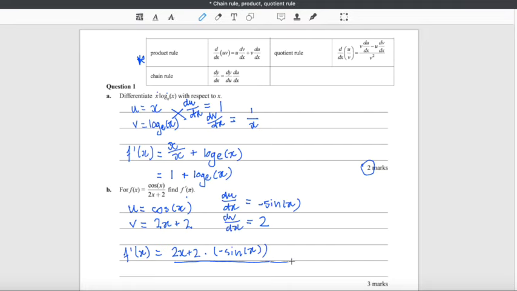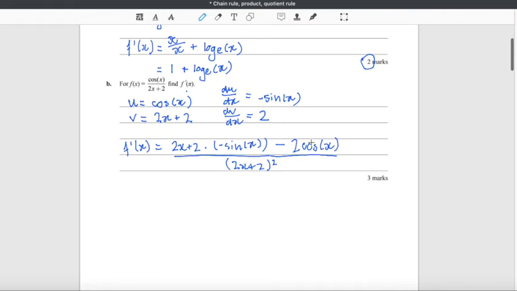So we've got to keep going. First of all, we've got to subtract u dv dx. So u is cos x, and dv dx is 2, so that's minus 2 cos x. All that needs to be divided by 2x plus 2 squared, because 2x plus 2 is our v term.